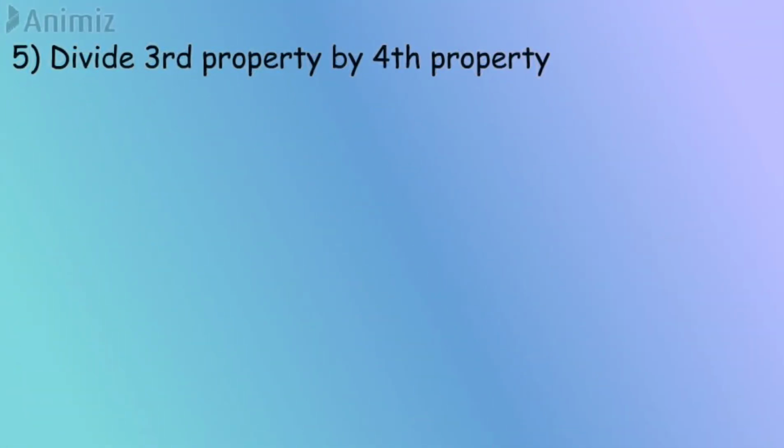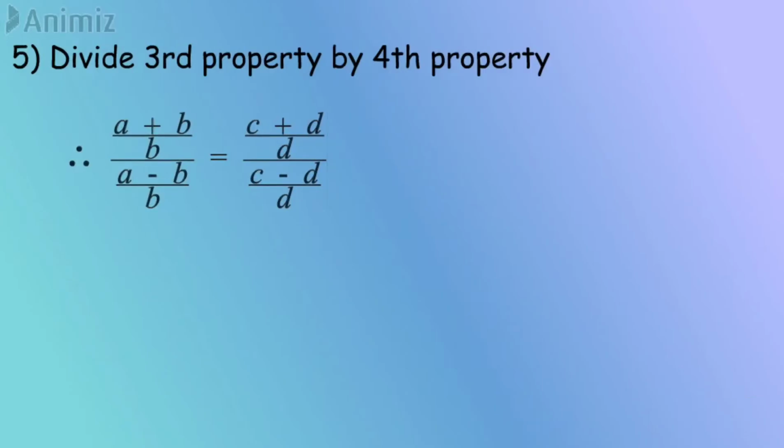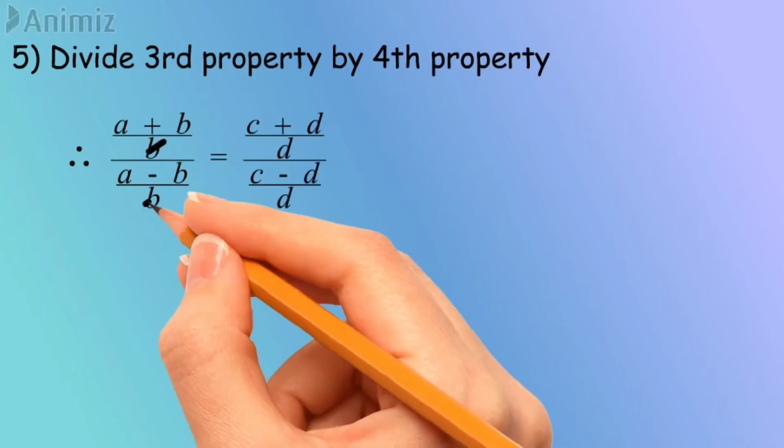Students, the fifth property is the combination of the two properties. For that, divide the third property by the fourth. That means componendo with dividendo. You will get it like this. Now what you have observed is that the denominator B on the left hand side is the same and the denominator D on the right hand side is the same. So you can cancel it.